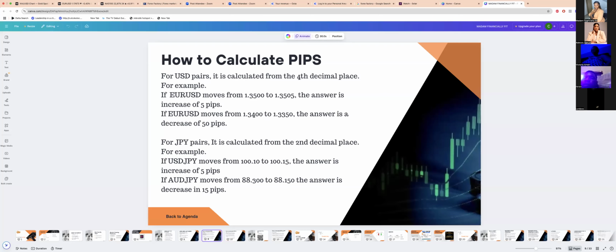How many pips did this one move? Good, guys. You guys are getting it. So 85 minus 34, we have 51. Are we getting it now?